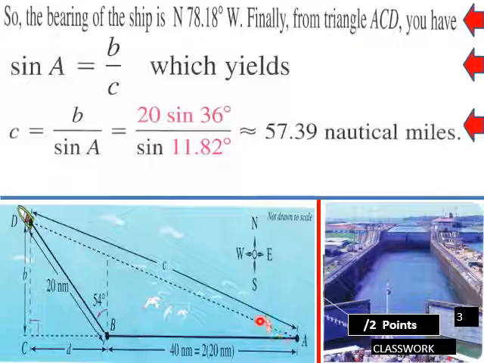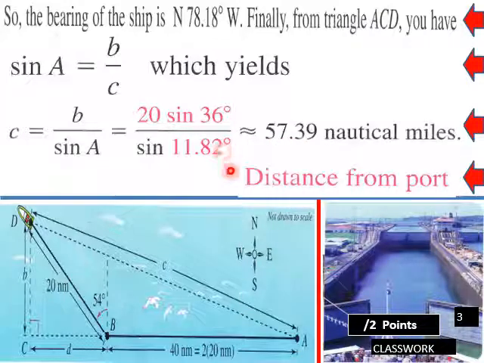We know our angle measure here is 11.82. So b is 20 sine 36, we know that. When you crank this out on your calculator, you come up with 57.39 nautical miles from the port, which would be our c, our distance here.